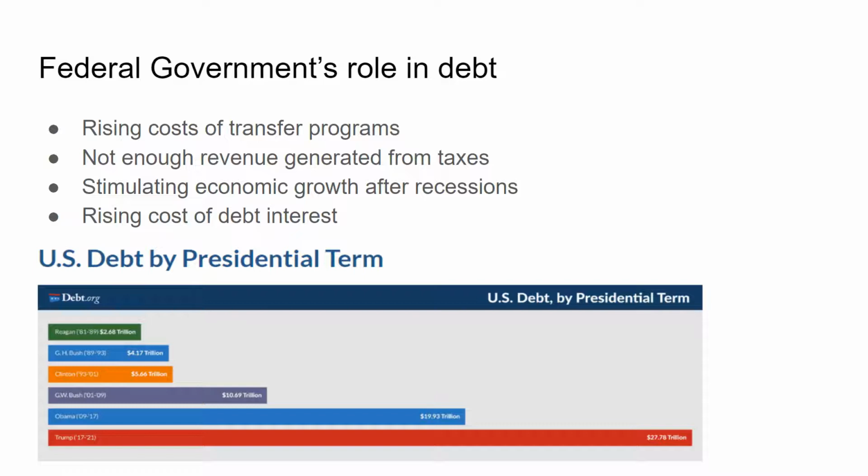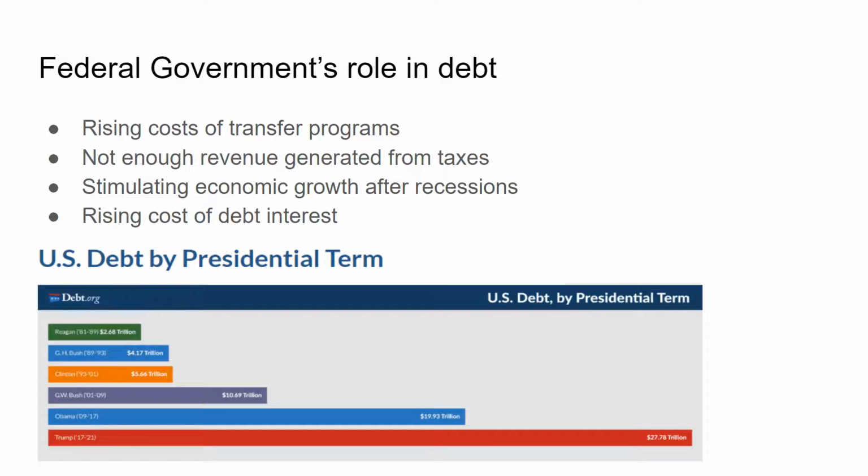Transfer payments, such as Social Security, Medicaid, and Medicare, have greatly increased the debt every year as more and more people get on these programs, increasing their costs. The government also has to pay interest for the debt, causing it to have to spend even more money, in turn, increasing the debt even further.